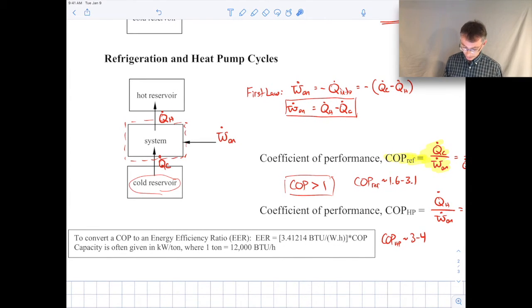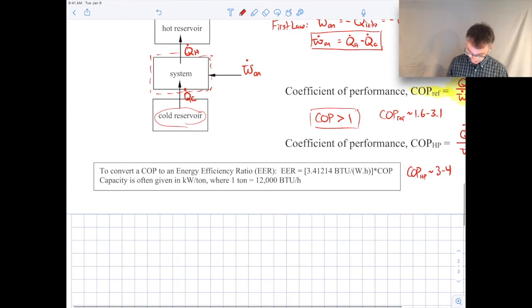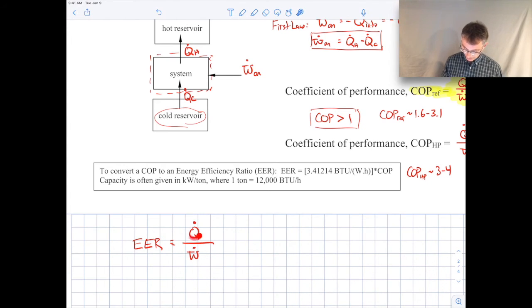So one very commonly used quantity is called an energy efficiency ratio, EER, and the way that's defined, now just bear with me because it's awful the way it's defined. EER, the energy efficiency ratio, is defined as the Q dot divided by W dot. Okay, so this would be, again, Q dot C or Q dot H, depending on what you're interested in.